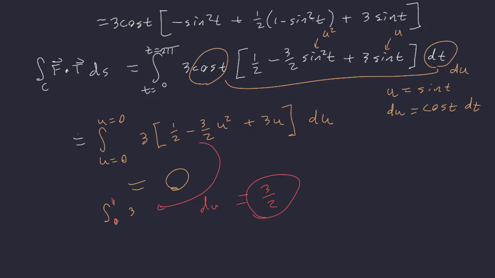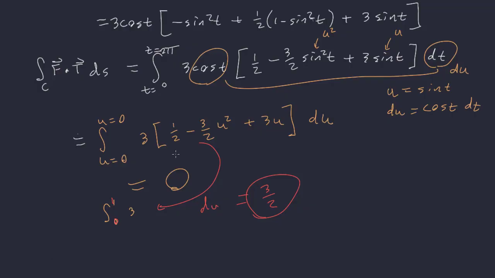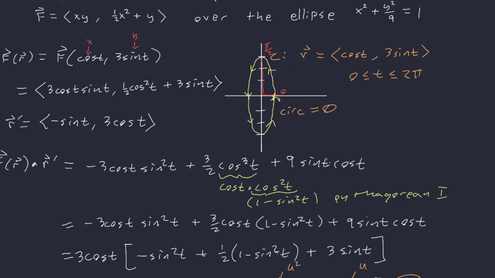So looking at the graph again, from this point to this point, we would get 3 halves, but from this point to this point, we would get negative 3 halves. Okay, so from here to here, the circulation is 3 halves, but from here to here, it would be negative 3 halves. Then from here to here, 3 halves again.